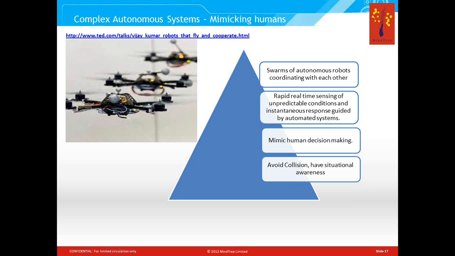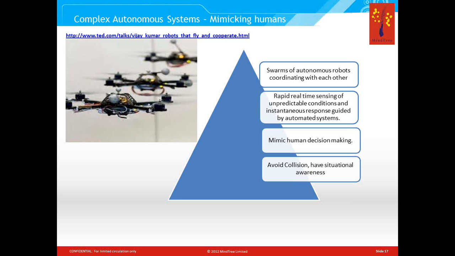So what kind of things is this? The last example they showed in the demo is that they actually play music. They coordinate with each other and play music. Also, they can fly in formation, and even if there is an obstacle, they can detect it, take real-time decisions rapidly, and then work together.